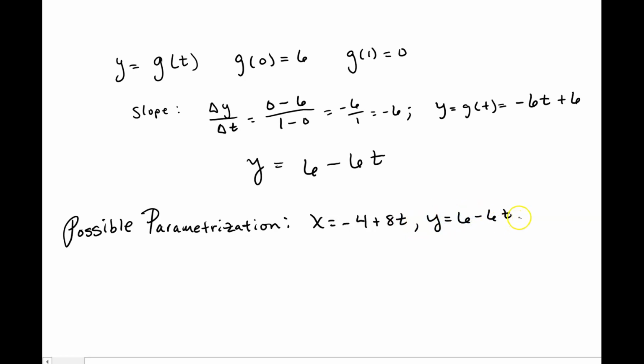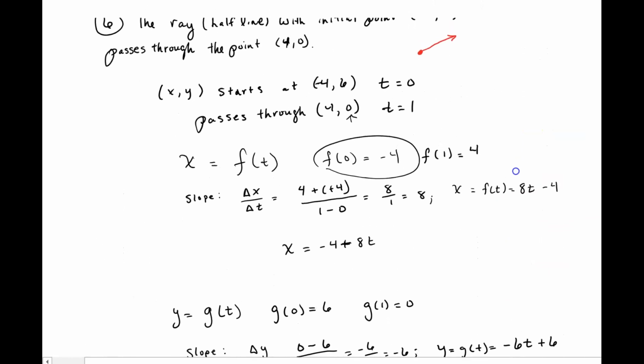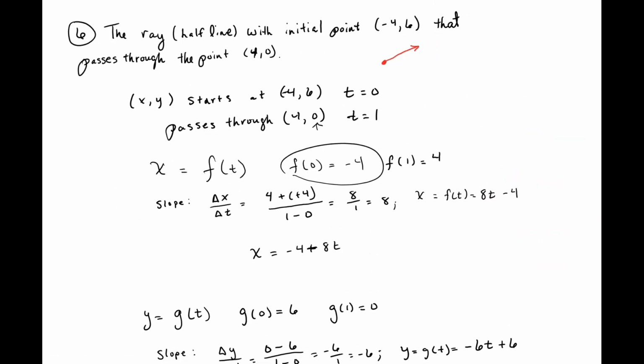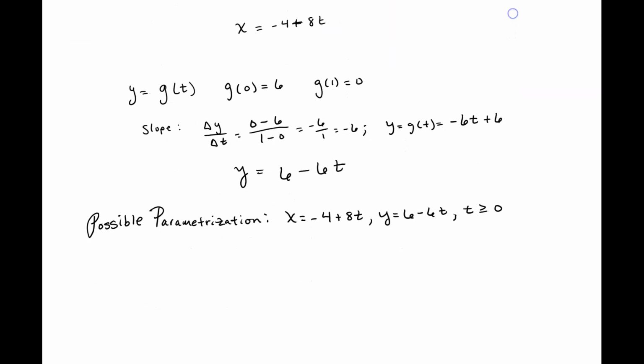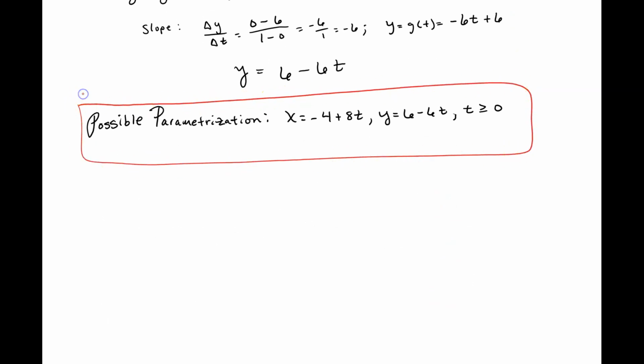We are considering values of t that are greater than or equal to 0, because we started off with t equal to 0, and we are looking at something that's really rising. So we take values of t greater than or equal to 0 for the possible parametrization. This is what we will get for that answer.